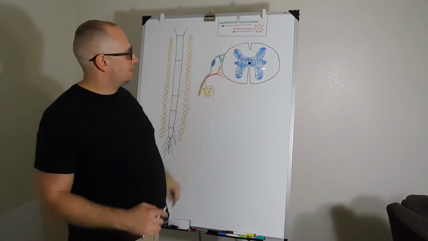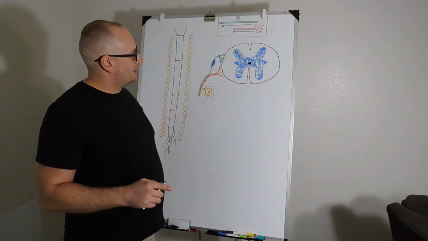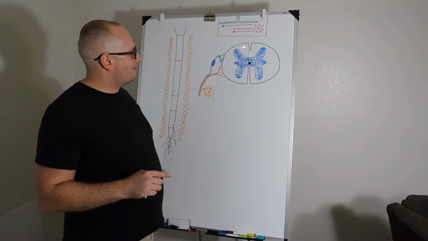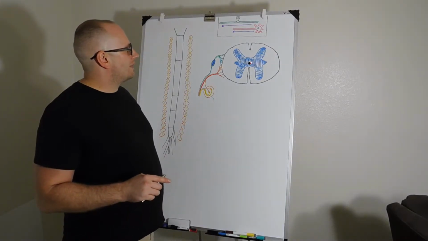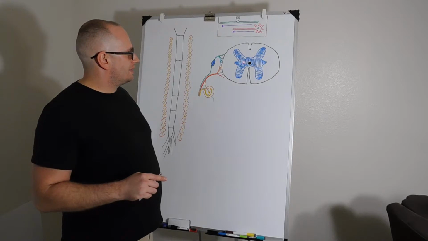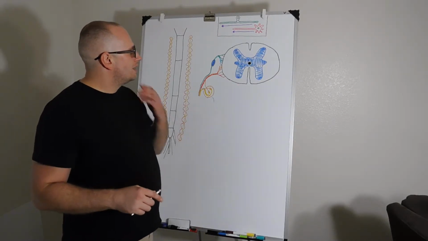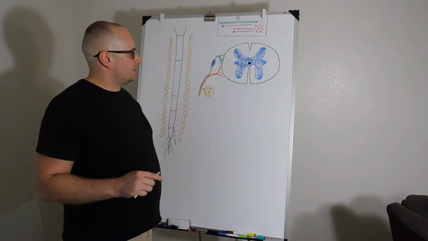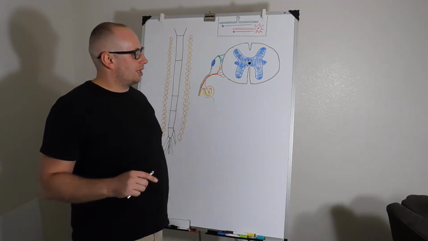So it goes afferent somatic, afferent visceral, and efferent somatic is the pattern here. So this area is concerned with our autonomic processes.